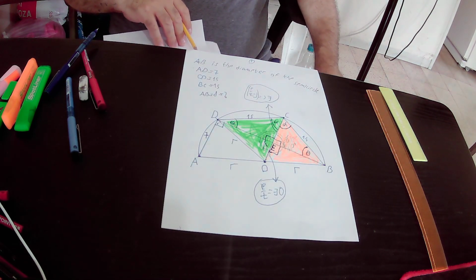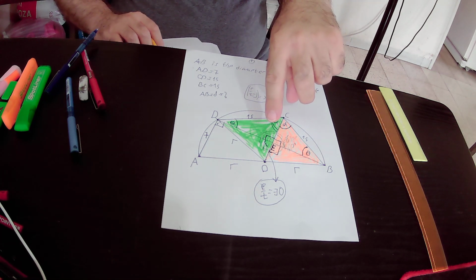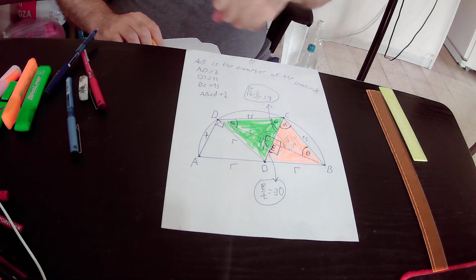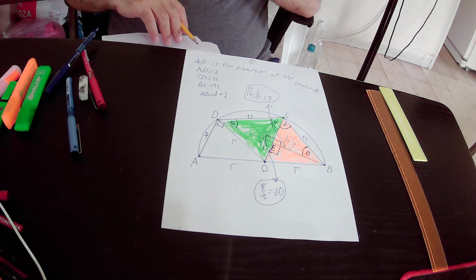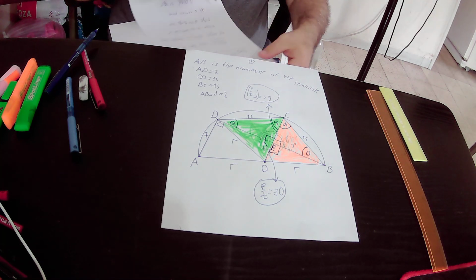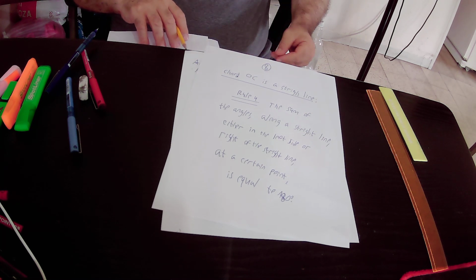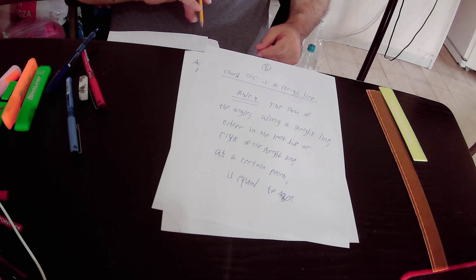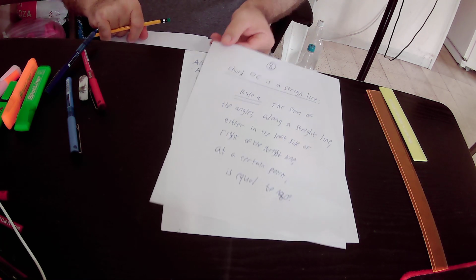So then we know that chord OC is a straight line because we connected together points O and C by a straight line. And we have rule number 4 that states that the sum of the angles along a straight line, either on the left side or the right side of the straight line at a certain point, is equal to 180 degrees.